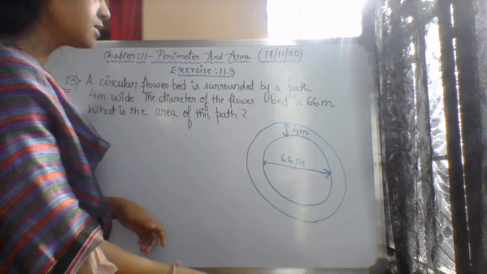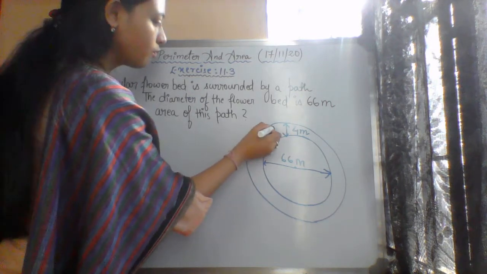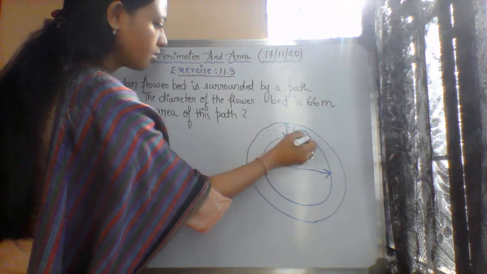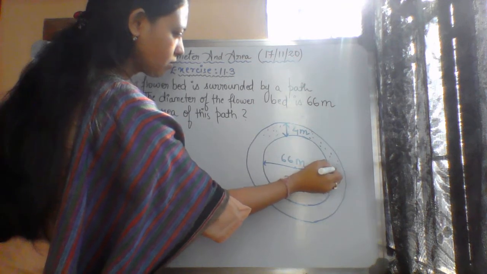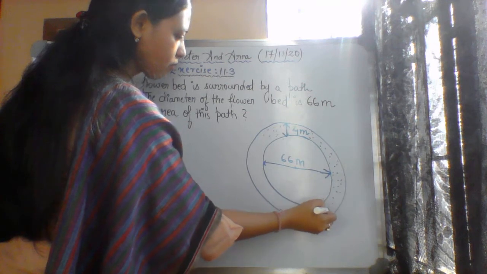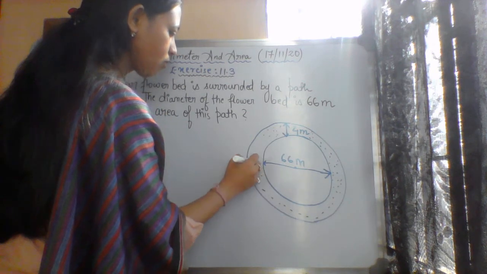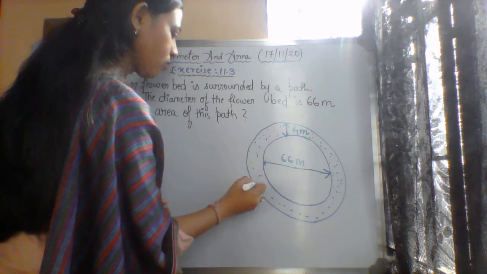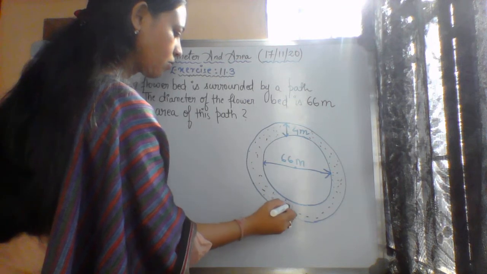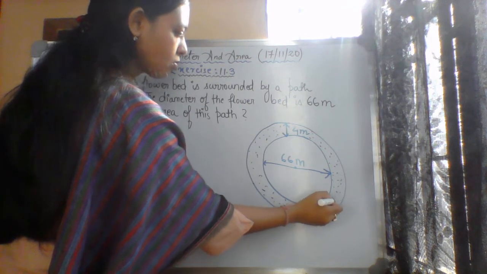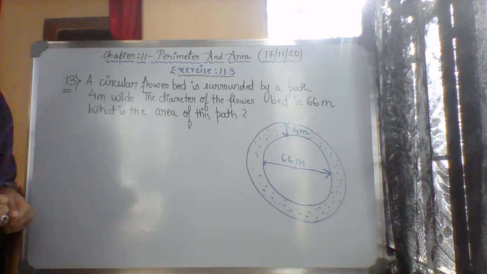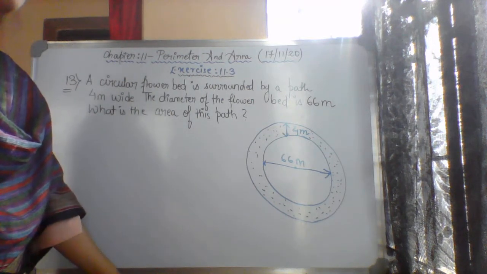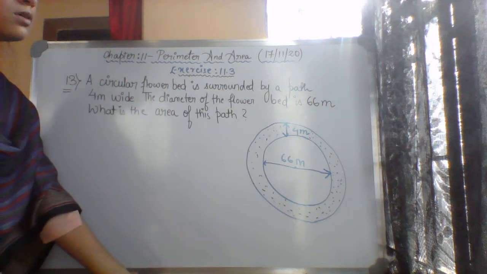What is the area of this path? So first thing, all of you, how you can find out?